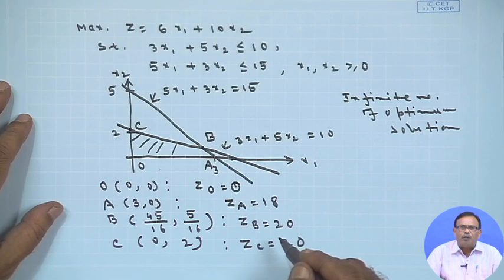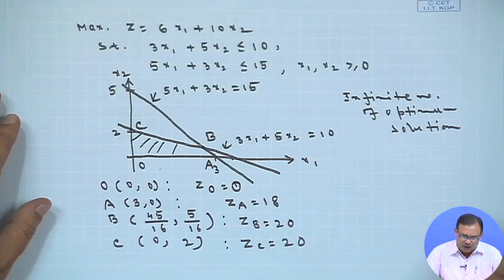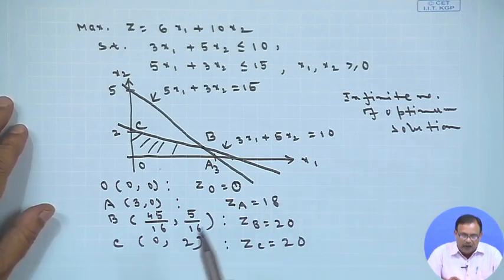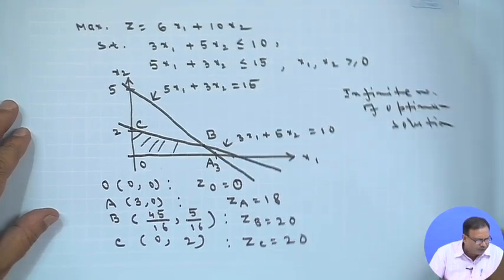We have done one problem which has no solution, and if you consider this particular point, this has multiple solutions, that is, an infinite number of optimum solutions, and at each point it gives you the optimum value.